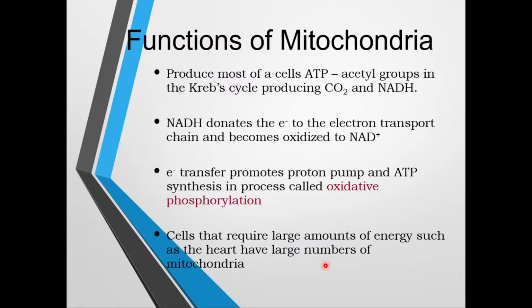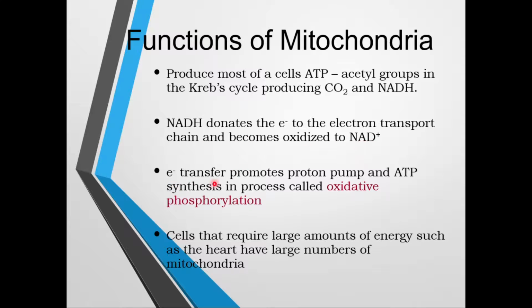So this is all about the chemical composition of mitochondria. Now the main functions of mitochondria. Mitochondria produce most of a cell's ATP, acetyl groups in the Krebs cycle producing CO2 and NADH molecule. यहाँ पे ATP का synthesis करना ये main function है। Then NADH donates the electron to the electron transport chain and becomes oxidized to NAD positive.